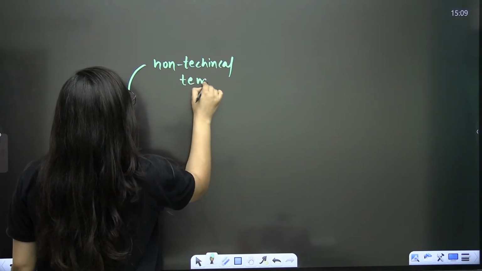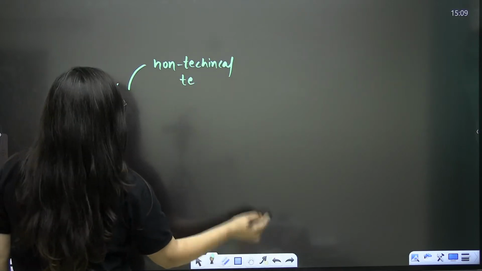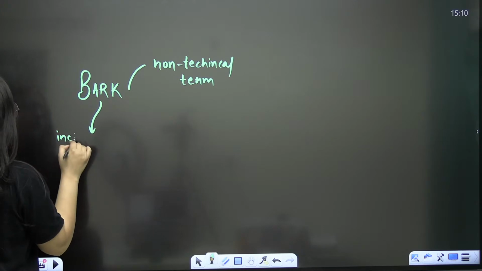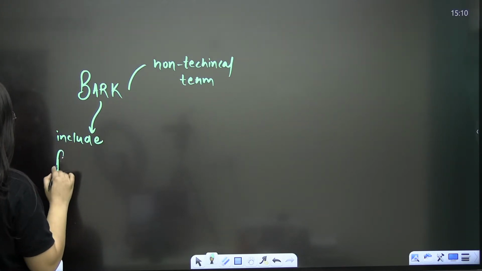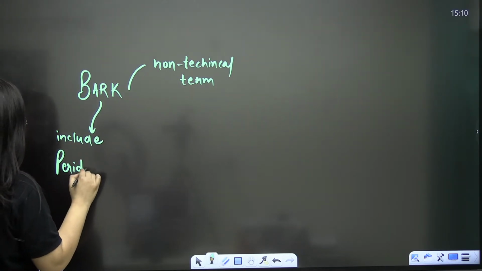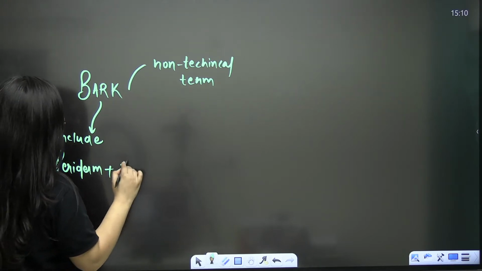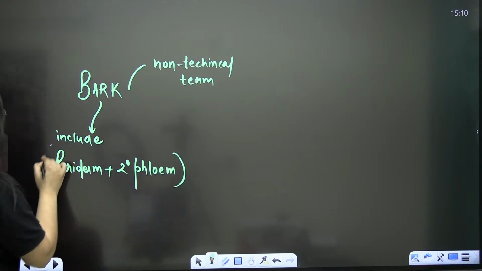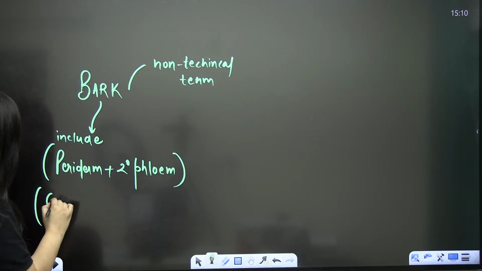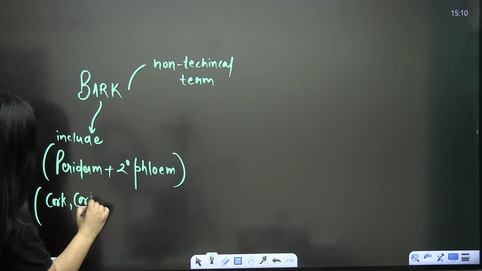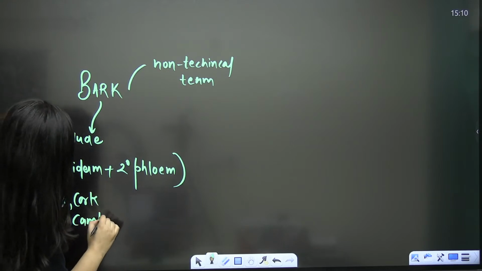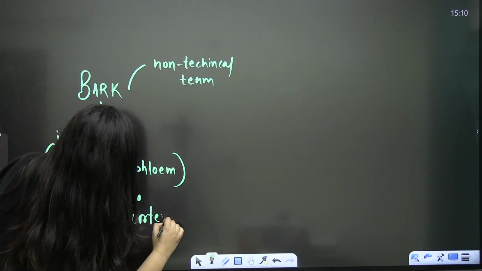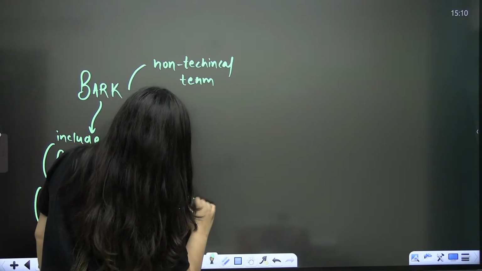Bark includes periderm plus secondary phloem, meaning cork cambium, secondary cortex and secondary phloem.